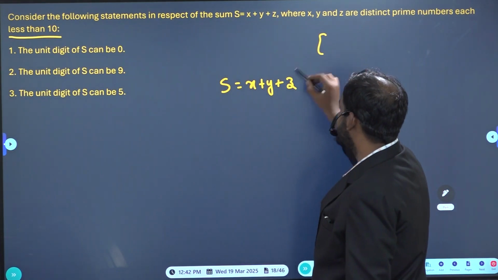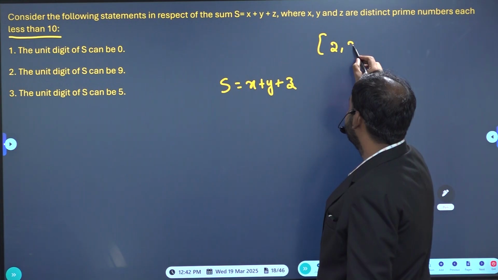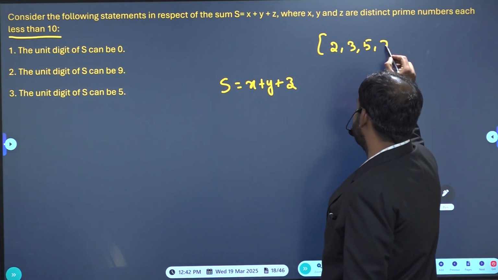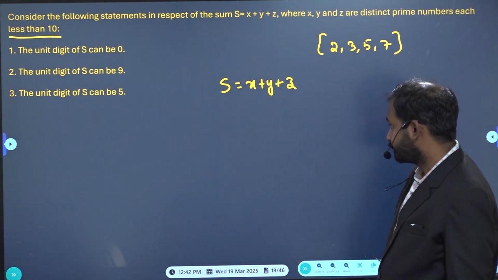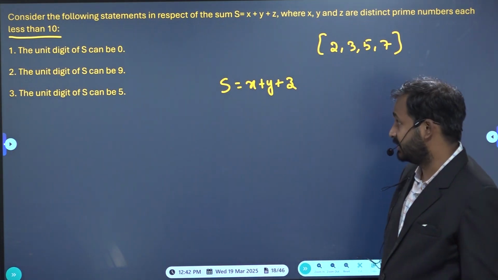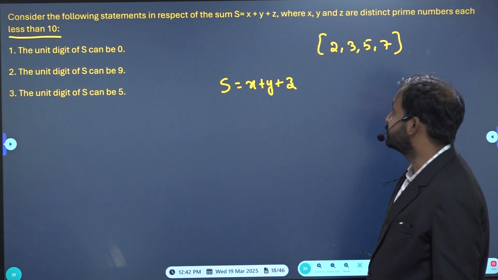The values I can take in place of x, y and z are 2, 3, 5, 7. These are the numbers I can take.